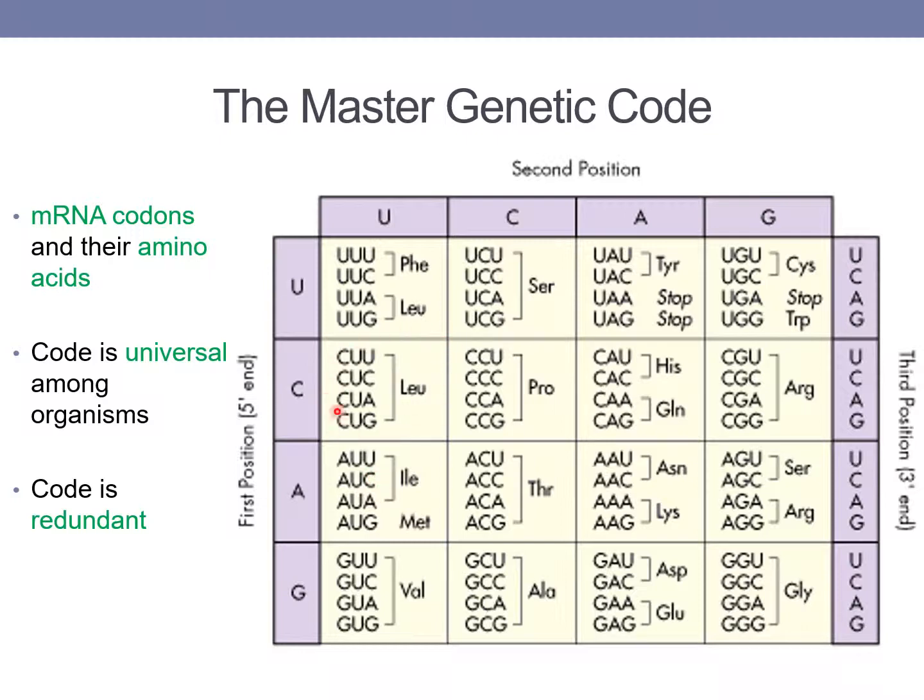And the reason being is that if there's a mutation, say for example in leucine, in this set of codons, if there is a mutation in this last codon, you can see whether it changes to G, to A, U, or C, it will still be leucine and it will still fold properly.